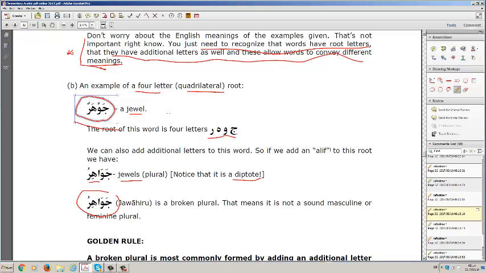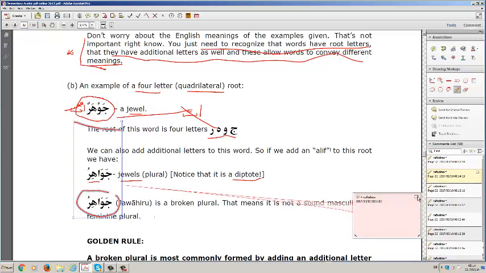And so when we learned about the sound feminine plural in the last lesson, we said you simply add the atun. But here it's not jawharatun, no. Something else happens. We've added the alif somewhere in the middle, so it becomes jawahiru.